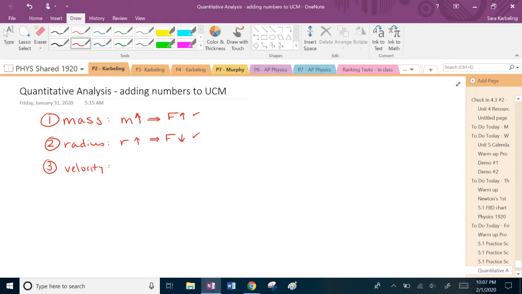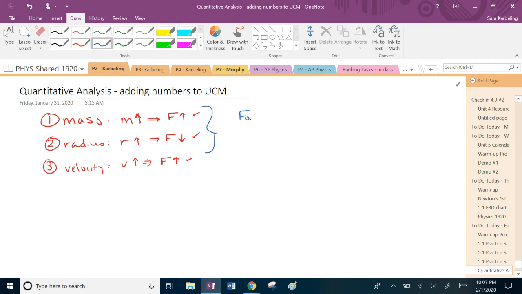If you spin it too fast and you have a string that is about to break, it could break because we could exceed the tension that string can exert. So as you increase the velocity, hopefully it makes sense that the force would also increase. Those are the three big things that need to be taken into account when we talk about the force of something in uniform circular motion.